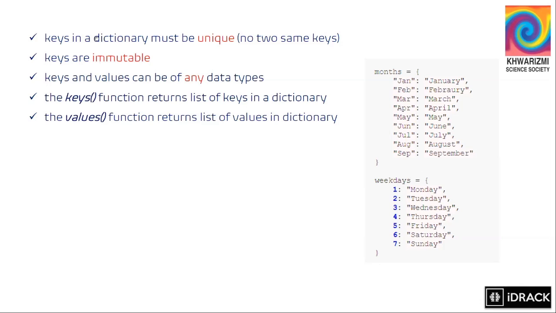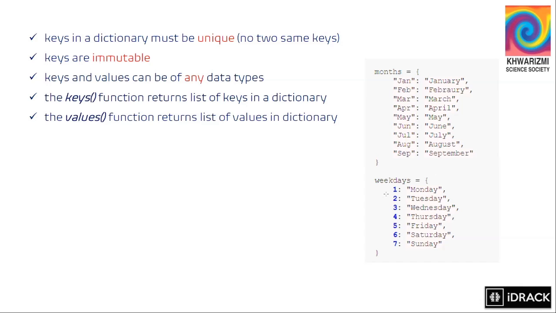Okay. The keys in a dictionary, there are some rules now that you need to remember. The keys in a dictionary must be unique. The value that you assign to it can be the same, but the keys here, the things on the left-hand side, cannot repeat, because then it's just going to be a huge confusion.